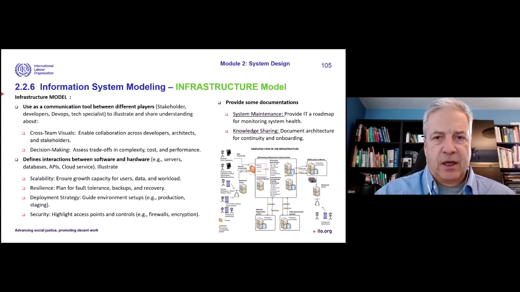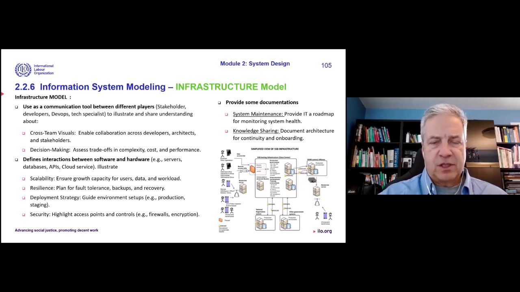Here is the infrastructure model. The idea of the infrastructure model, we have many types. So this is kind of a first level layer.